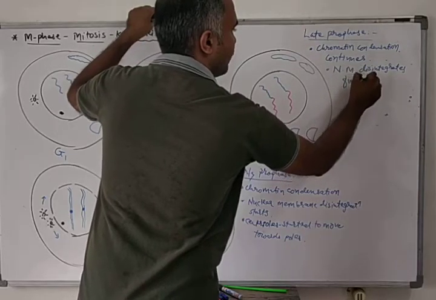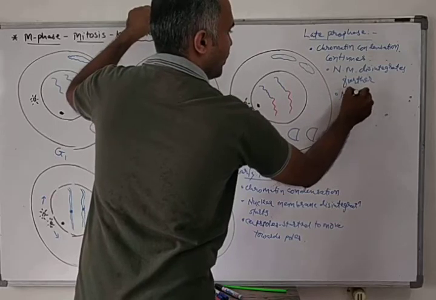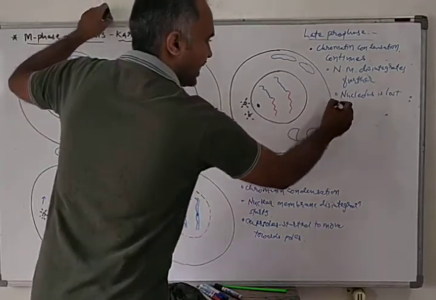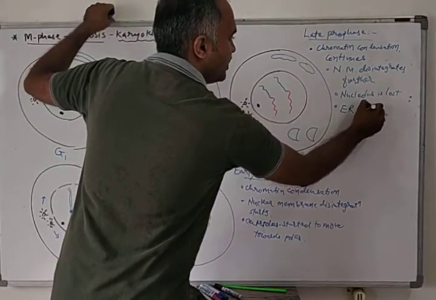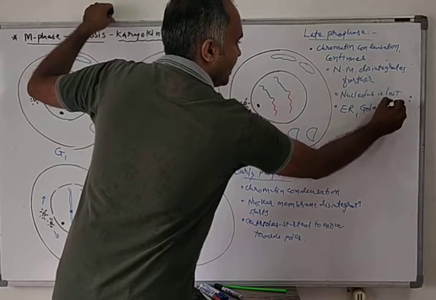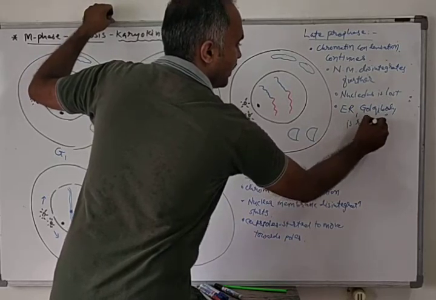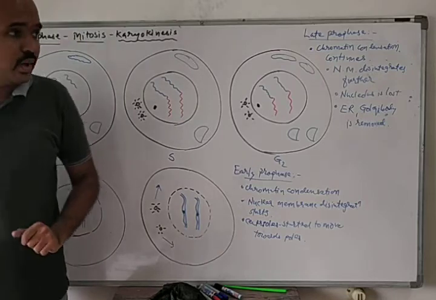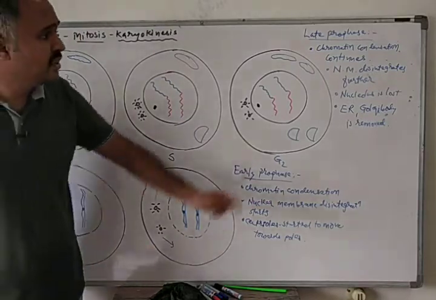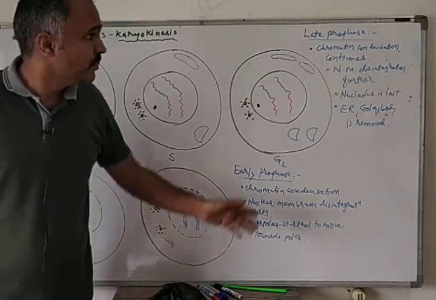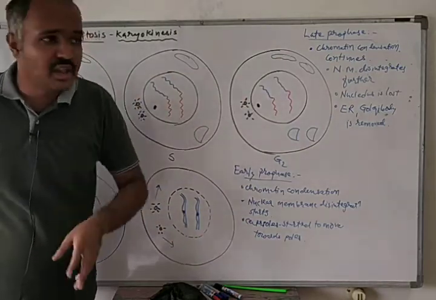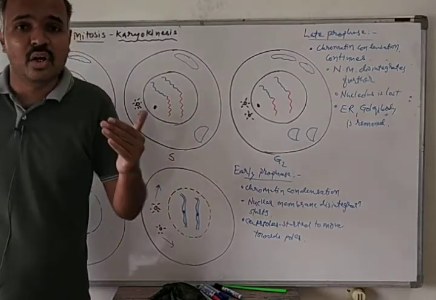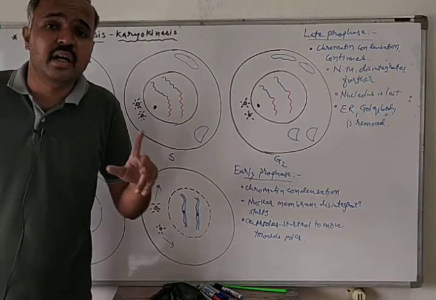Nucleolus is lost or removed. Endoplasmic reticulum and Golgi body are removed. Clear, child? So this is all about late prophase. In the late prophase, chromatin condensation continues, nuclear membrane disintegrates further, nucleolus is lost, and endoplasmic reticulum and Golgi body are also removed.